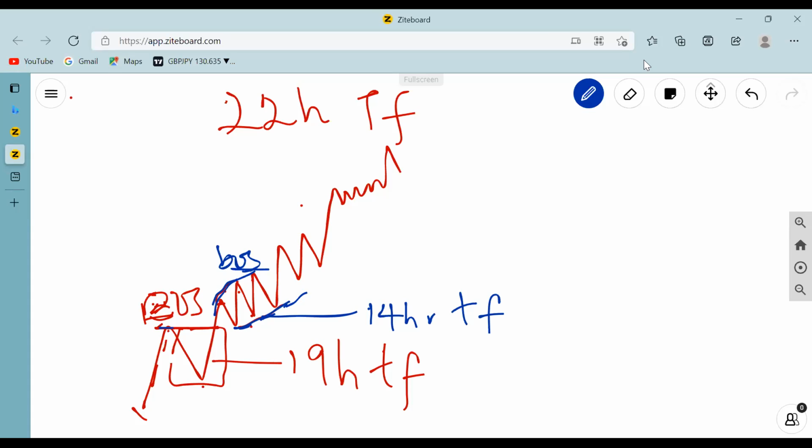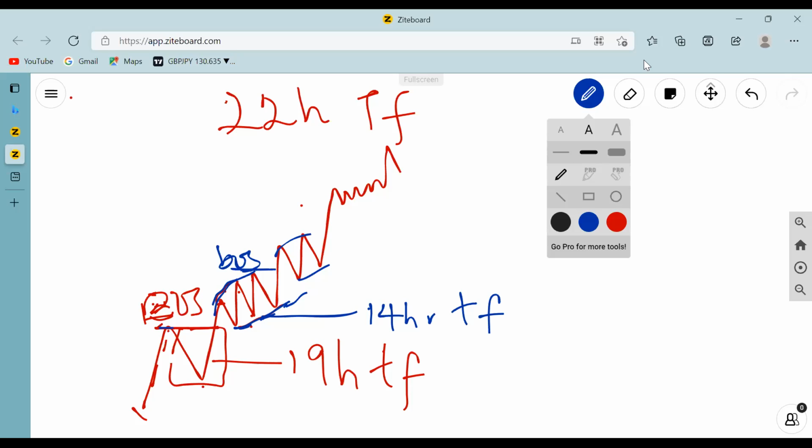So after the market breaks this structure here, the next variant structure is formed that has proper mitigation. Let me give those ones black. This next one here, black structure. This first BOS means 22-hour structure has been broken.